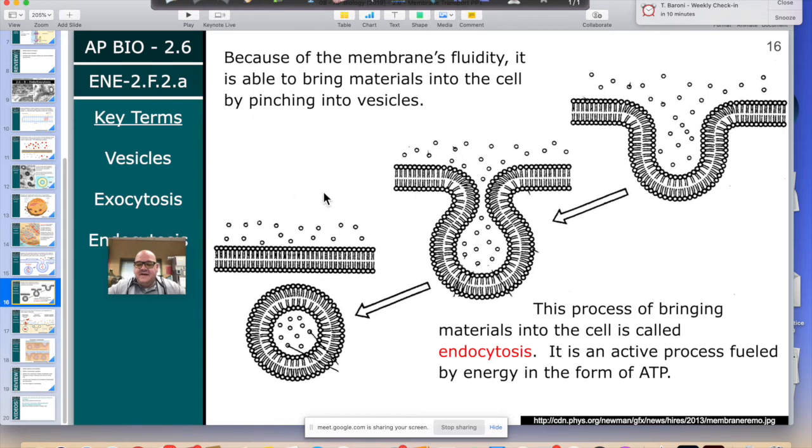But here's an exact example of that. Because the membrane is so fluid, it's able to sort of pinch around. And remember, I went over this already. In endo, it does take energy to move the membrane this way.